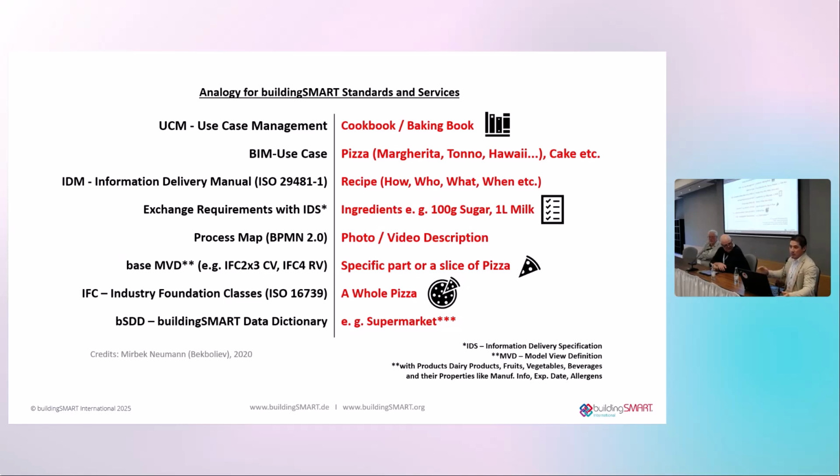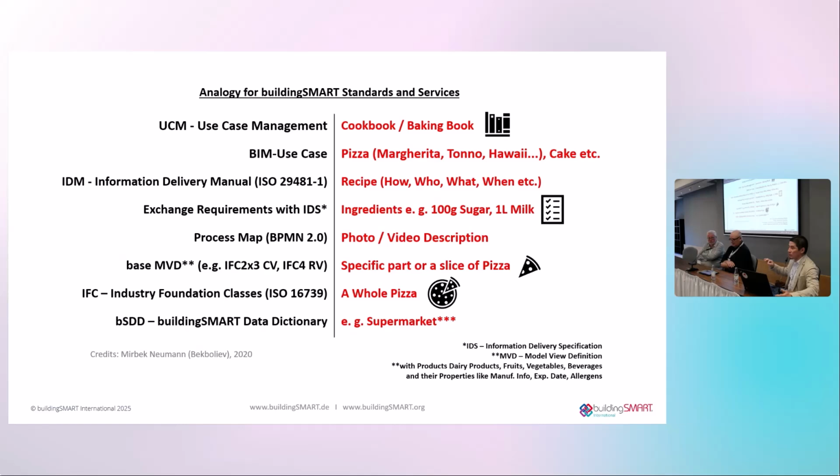In that case, do it. Just try. We will show exactly all those ingredients. Ingredients like IDS play a major role today, especially bSDD. bSDD is where you get your ingredients; you go to the supermarket, you get your products for your pizza, right? You need to bake, so you need to find the content, and that content is really important in that case.